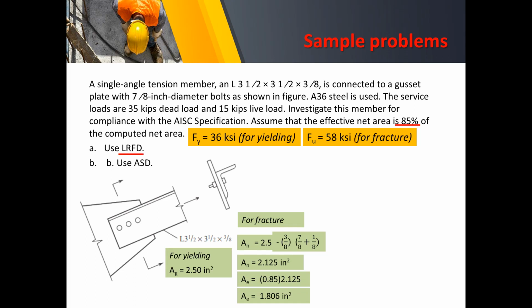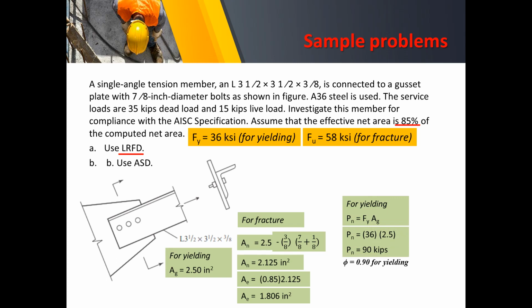So using now LRFD, knowing the gross area and the effective area, a similar procedure will be conducted. For Pn for yielding, always remember that we pair Fy with Ag. We multiply 36 by 2.5 and arrive at 90 kips.